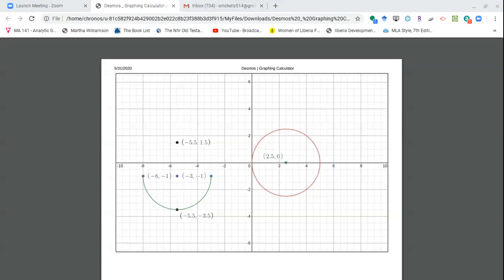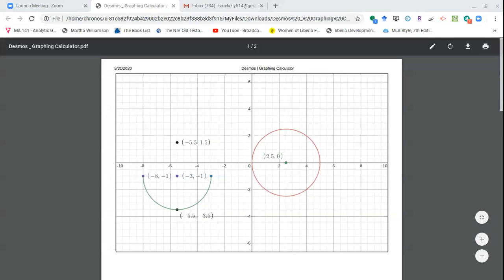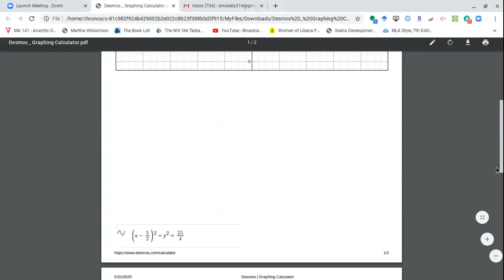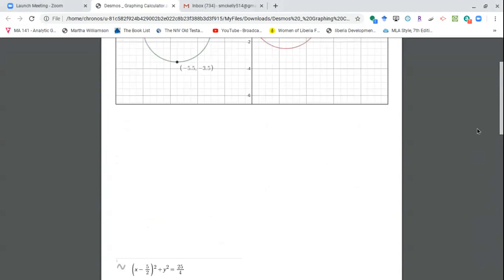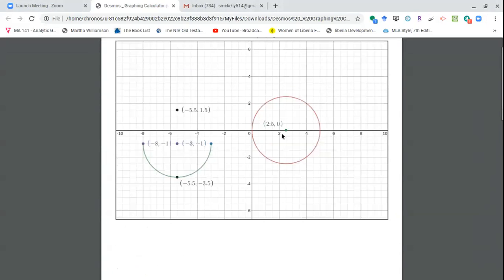So, okay, so this is a picture. I can also take a picture of the math if you need it, but this is a picture of the circles. So this first circle in red is the circle that he gave you, okay? He only gave you the top half. I did the whole circle, okay?